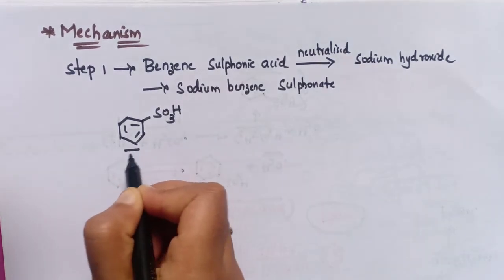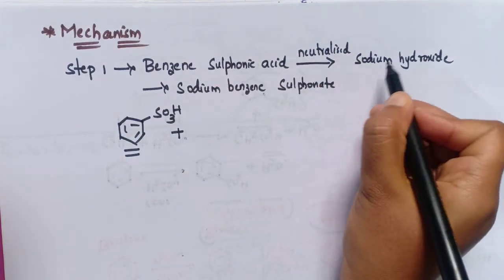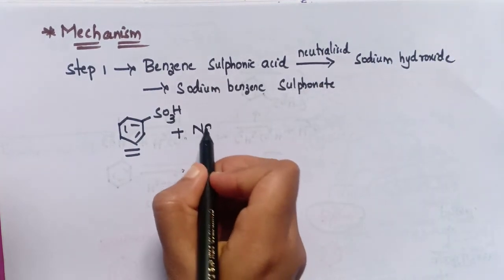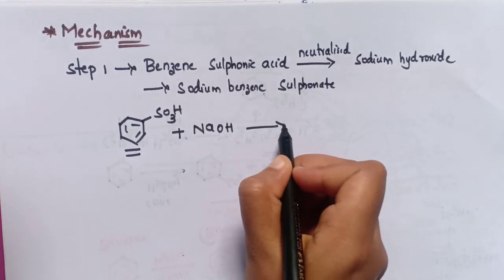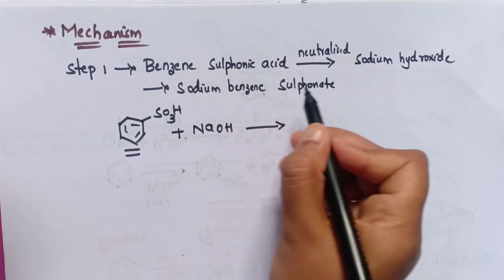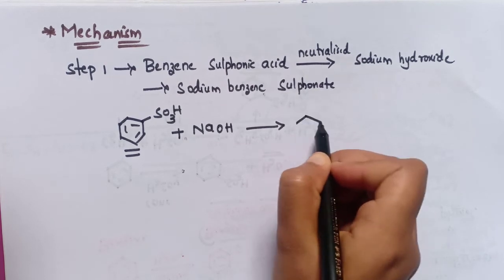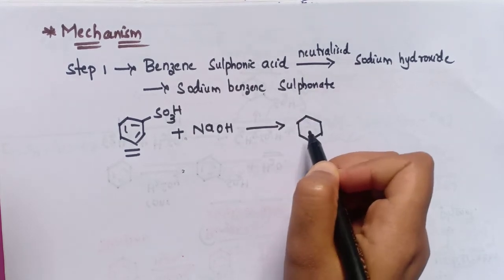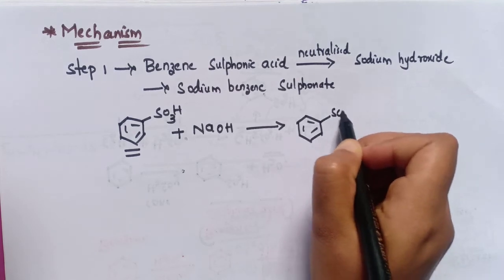When it is neutralized with sodium hydroxide, that is NaOH, it will give rise to the formation of sodium benzene sulfonate by the removal of water. Here is SO3Na.